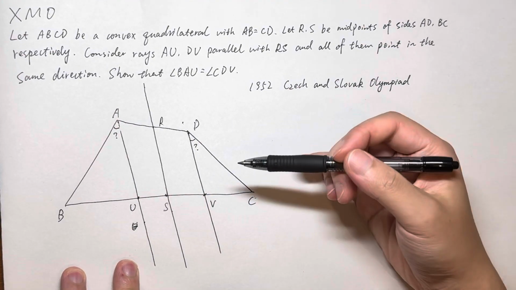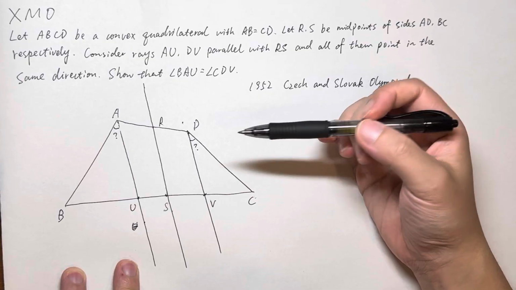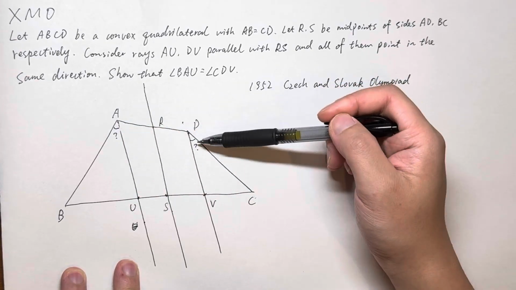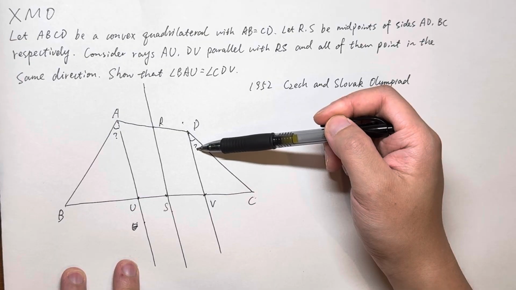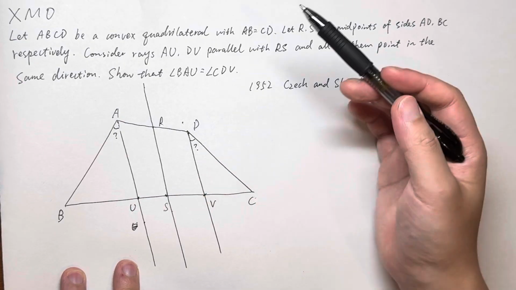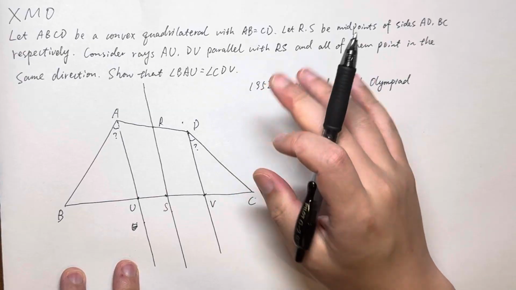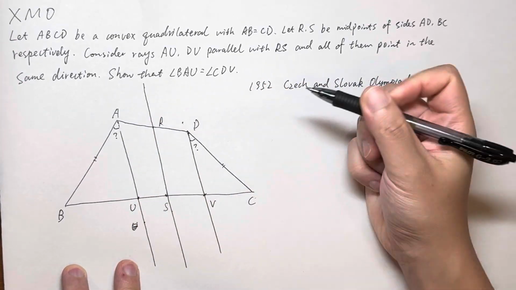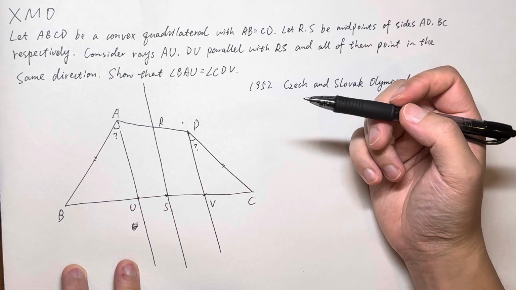As a first glimpse of this problem, we know that we have some parallel lines, and we want to prove that two angles are equal. But the most important condition in this problem, at first feeling, would be AB equals CD, right?